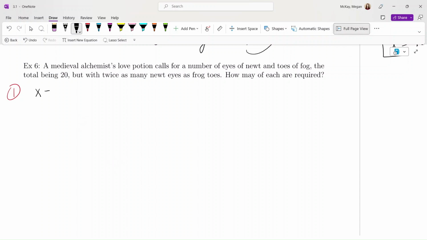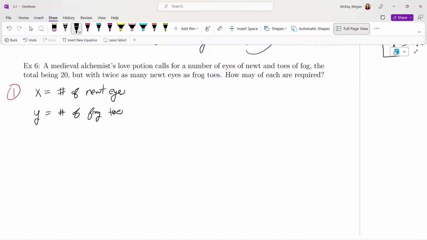So x will be the number of newt eyes, and y is the number of frog toes. So we've identified and explicitly labeled what we are trying to find.